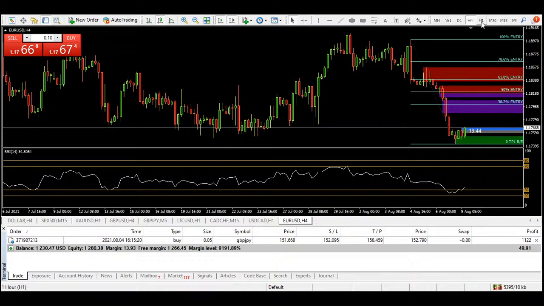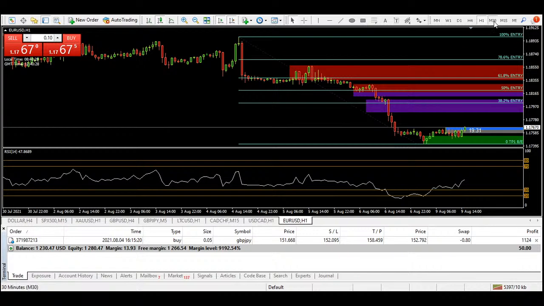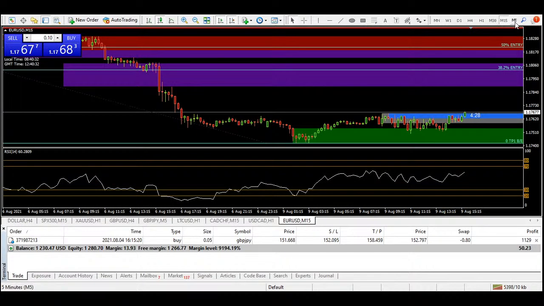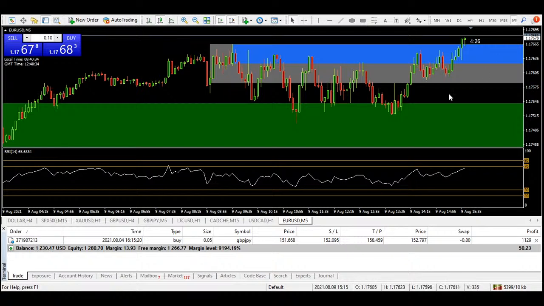Let's see, 4 hour. Should close in 19. I think I'm gonna wait on that 4 hour to close, if they get a break and a retest here.